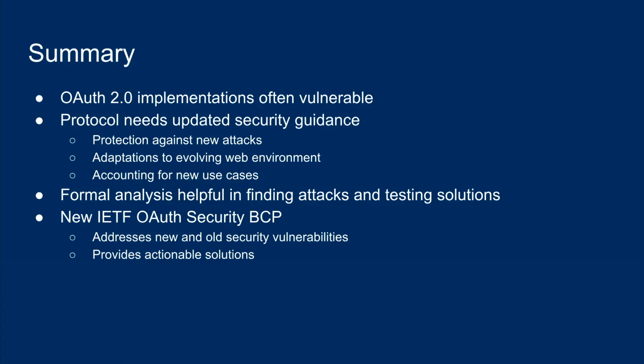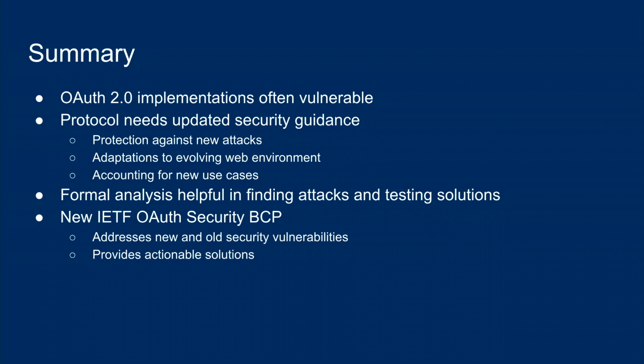To sum up, we have seen that OAuth implementations are often vulnerable. We have seen that in practice and in research. The OAuth protocol definitely needs an update regarding security guidance to protect against new attacks, to protect it in high-stakes environments, and to adapt it to the evolving web environment itself.